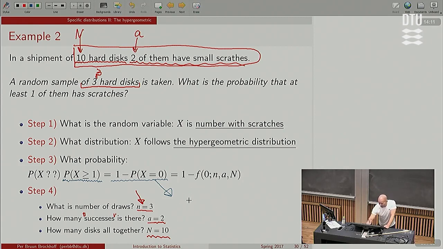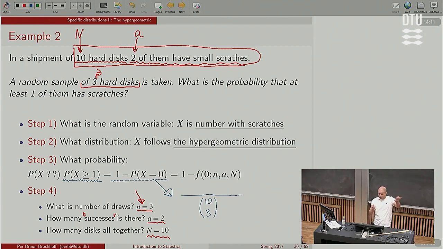What's this probability? Well, maybe I should think a bit of combinatorial thinking here. What is the total possible number of samples of 3? I take samples of 3 out of 10. This was the one we gave the name last lecture, the binomial coefficients. The number of different ways we can have 3 out of 10.